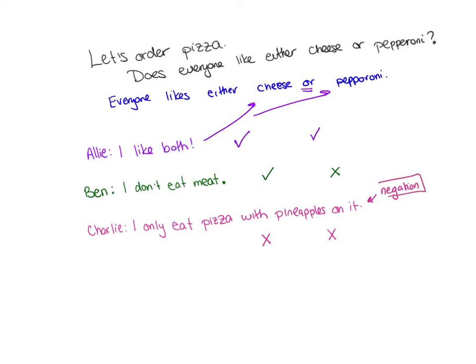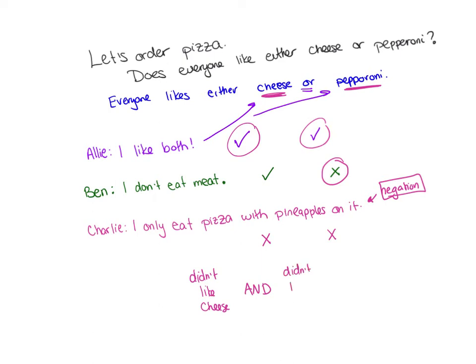And what made the negation true? It wasn't that he just didn't like pepperoni or that he liked both. He didn't like the first and didn't like the second. So he didn't like cheese because that doesn't have pineapples, and he didn't like pepperoni.